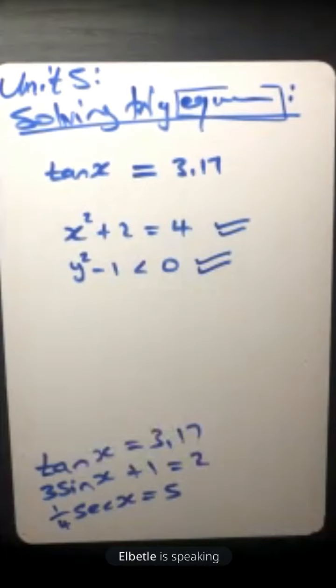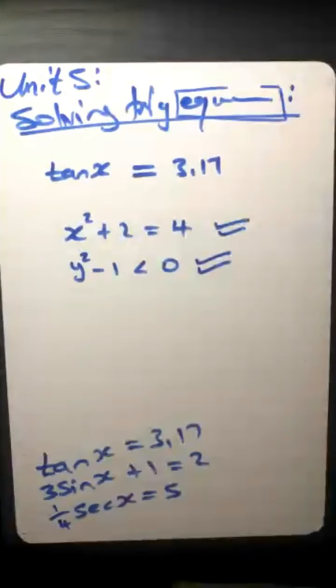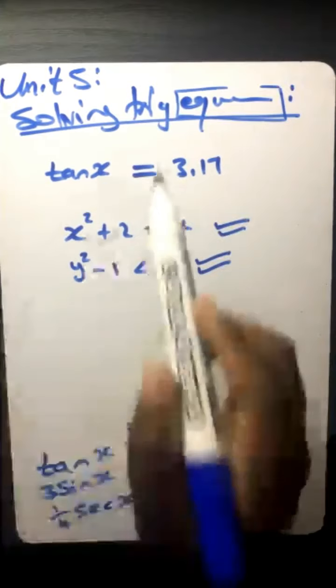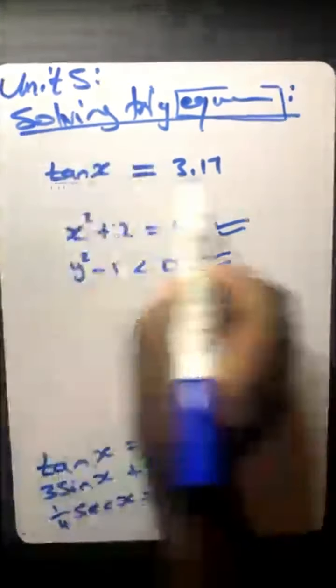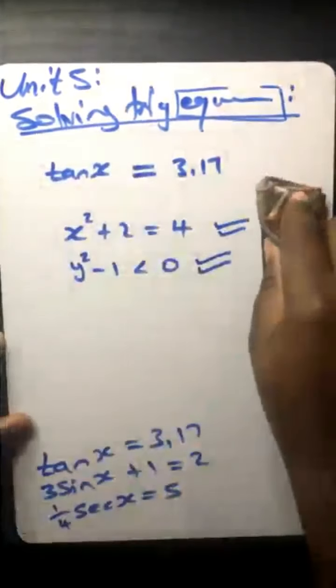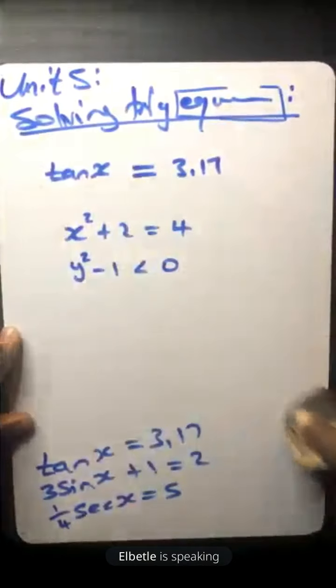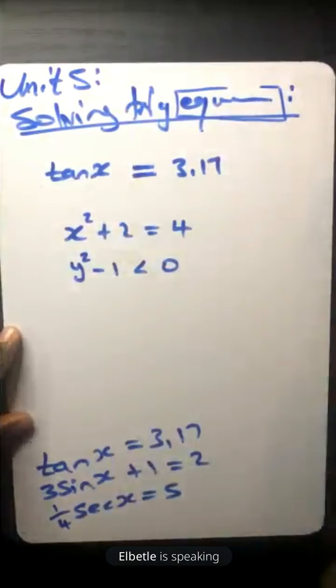So this one, what type of an equation is that one? Trig equation. 100%. So this is what we call a trig equation. What makes it to be a trig equation? Because it has one of the trig ratios. 100%.